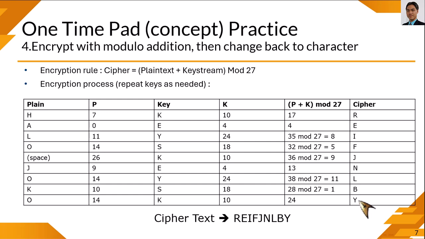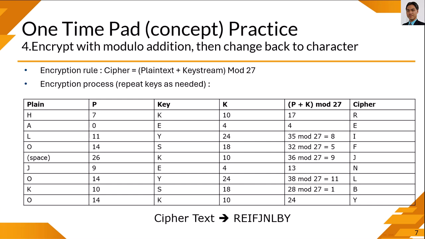So we now have the ciphertext R, E, I, F, J, N, L, B, Y. That's the ciphertext. That's the one that's being transmitted to the receiver or being stored.